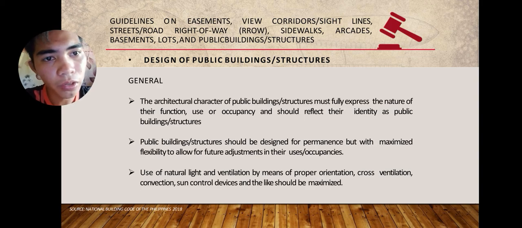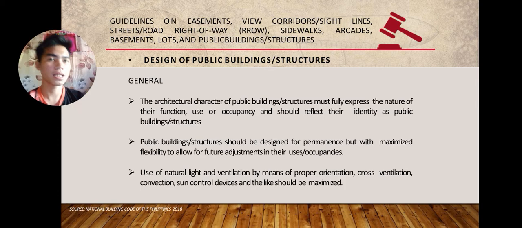So use of natural light and ventilation by means of proper orientation, cross ventilation, convection, sun control devices and the like should be maximized. So mao na siya ang general design of public building structure.